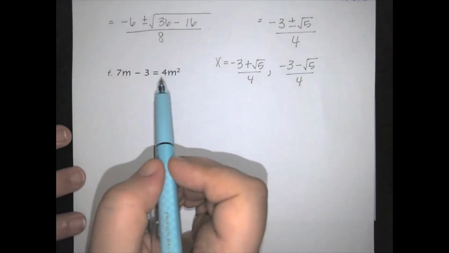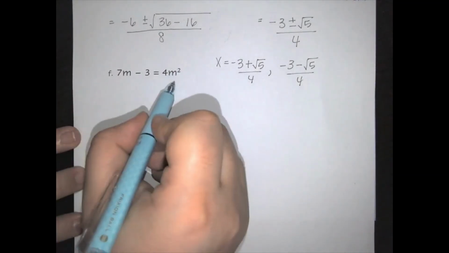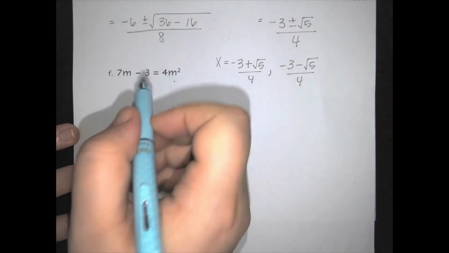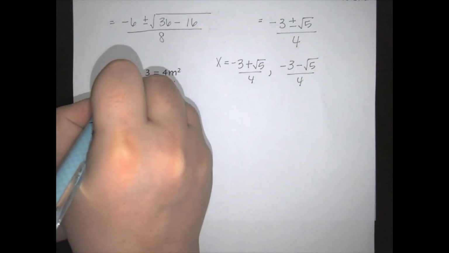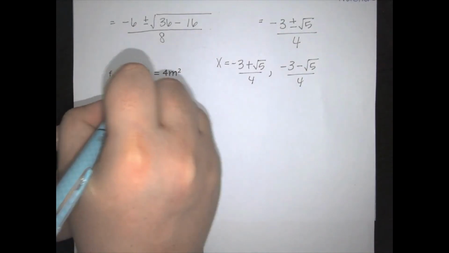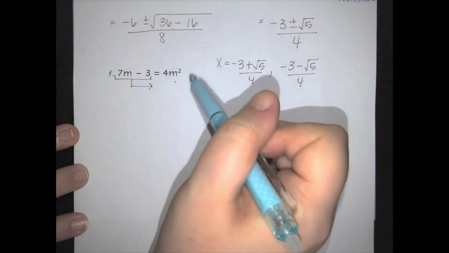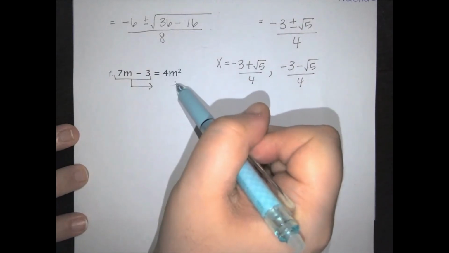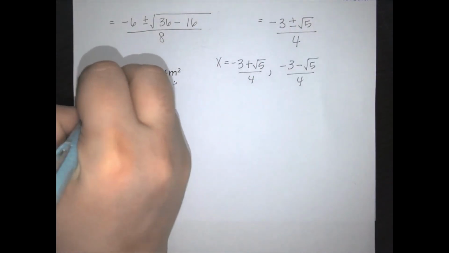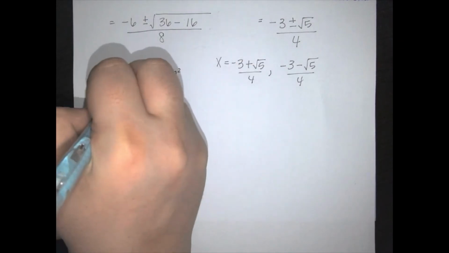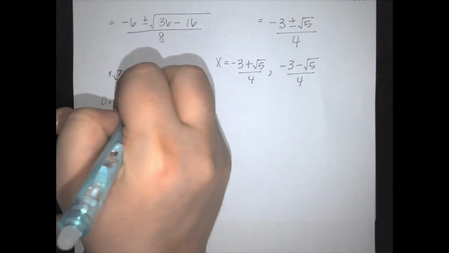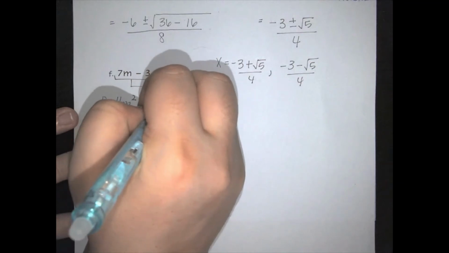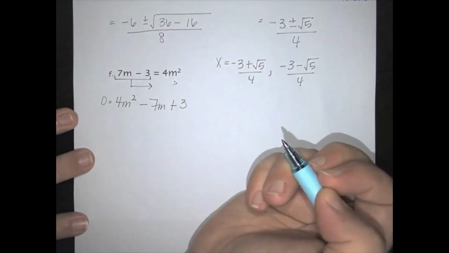Alright, in this last one that I wanted to look at here, again, we have to set everything equal to 0. So this time I'm going to take the stuff on the left and I'm going to move it over. And the reason I'm going to do that is because my square term right here is already positive. So we're going to end up with 0 equals 4m squared minus 7m plus 3.